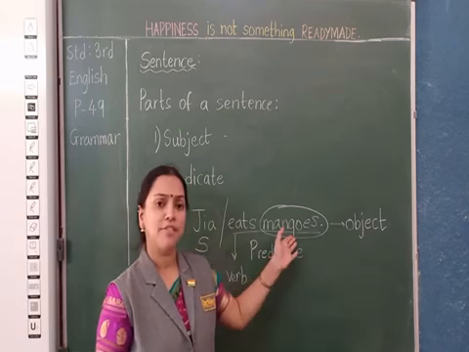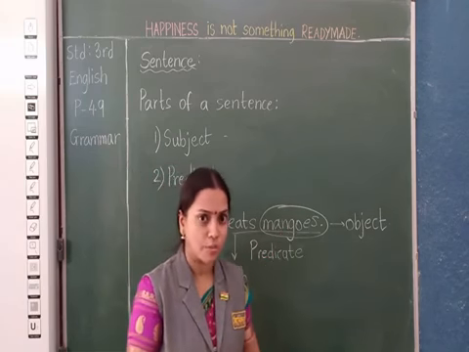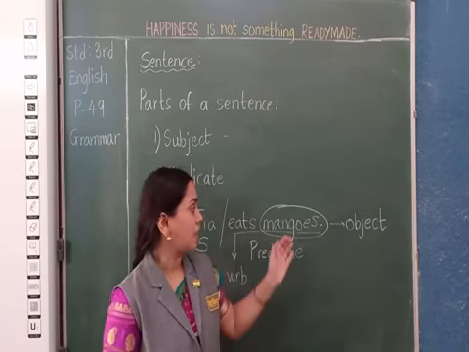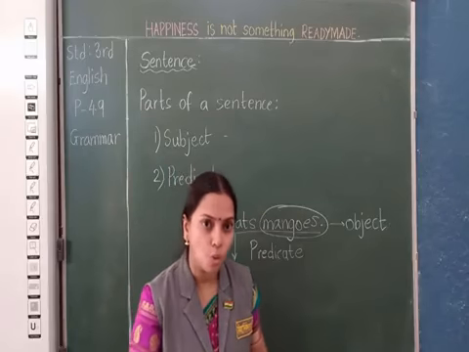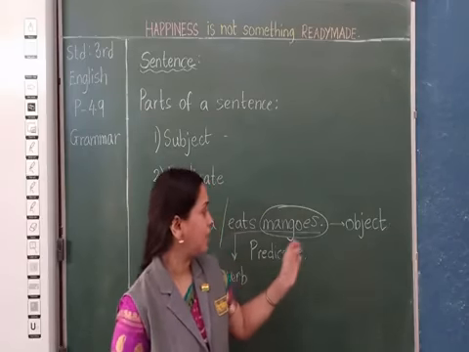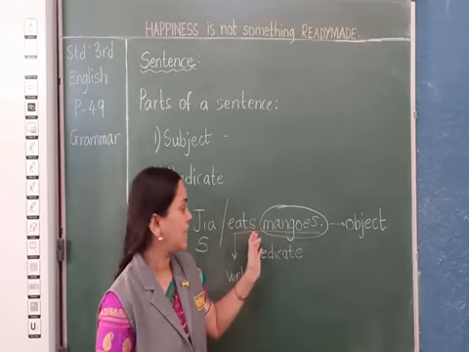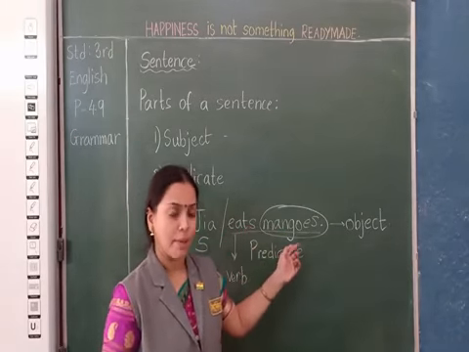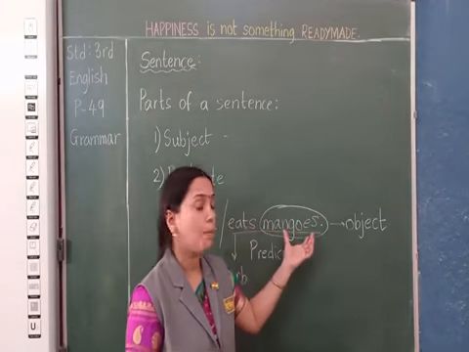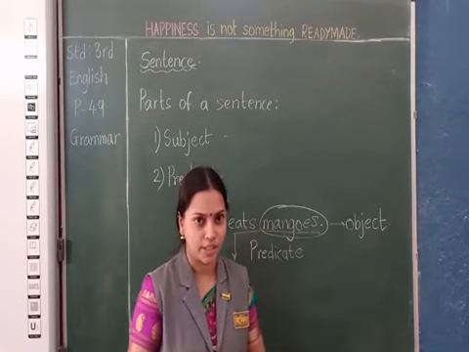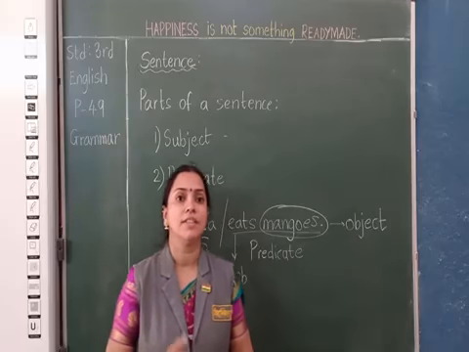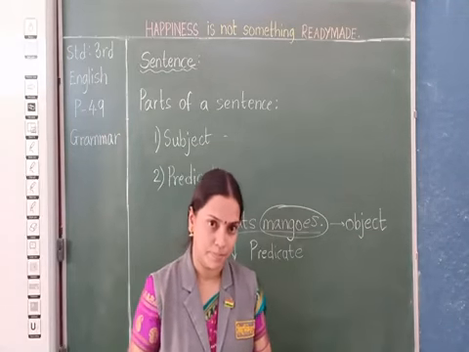Sometimes you may have a person in the place of object. At that time it answers the question to whom. Here this is answering the question what? Jia eats what? But sometimes you may have a person in place of object, and at that time it will answer the question to whom.